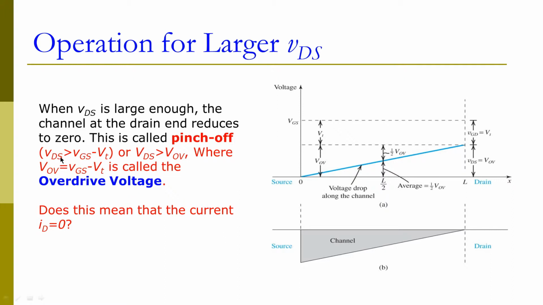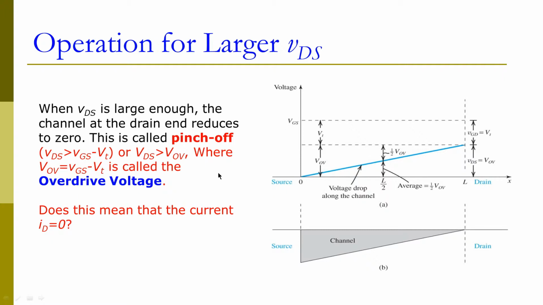This happens when our VDS is larger than VGS minus VT, and this is actually the VOV, as we discussed before. We call the VOV the overdrive voltage. When VDS is larger than this overdrive voltage, we close the channel.